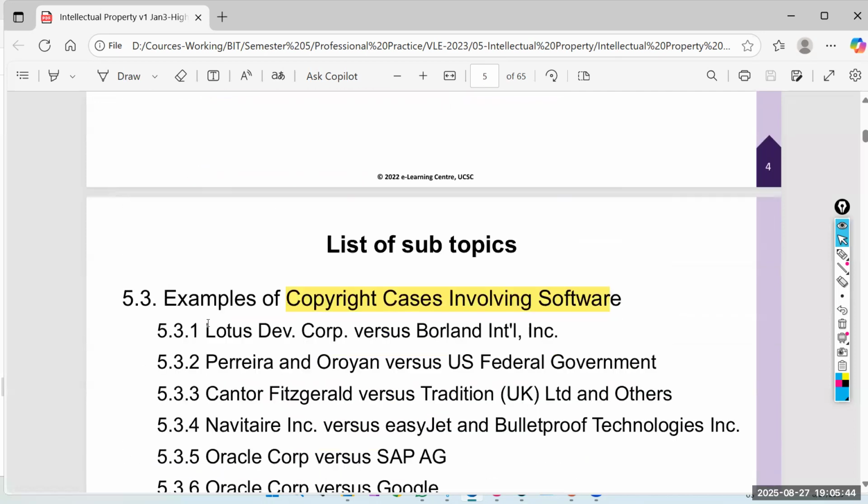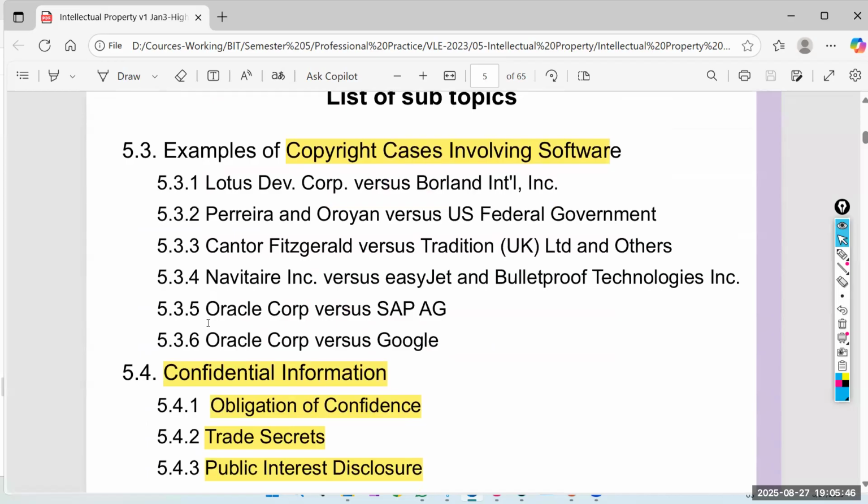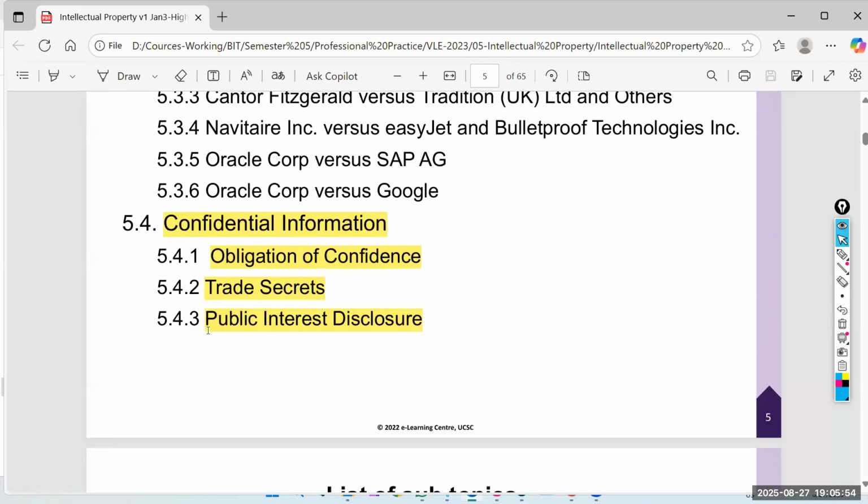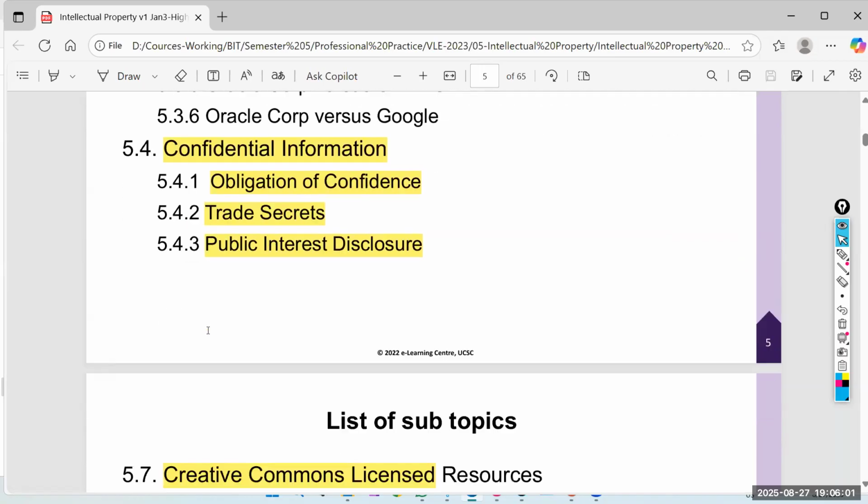Okay. And of course, examples of copyright cases, international cases. And finally, we look at the confidential information, obligations of the confidence, trade secrets, and public interest disclosure.